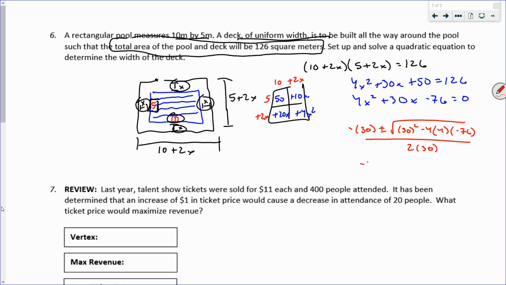So I go, negative 30 plus or minus, let's see what that discriminant is. 30 squared minus 4 times 4 times negative 76. Let's see if we can square root that thing straight away, which we can. So negative 30 plus or minus 46 over 60, which then means 30 plus 46 divided by 60.